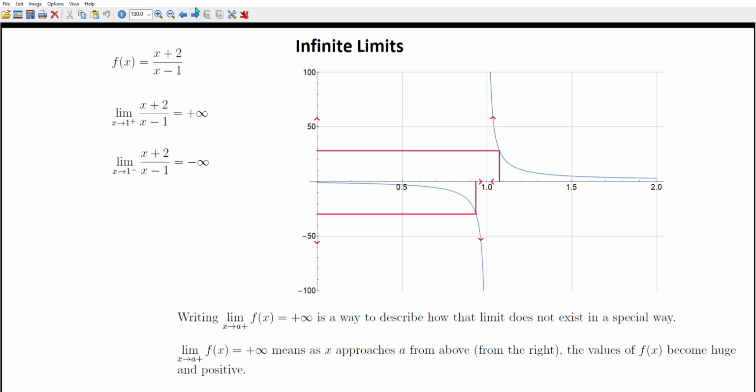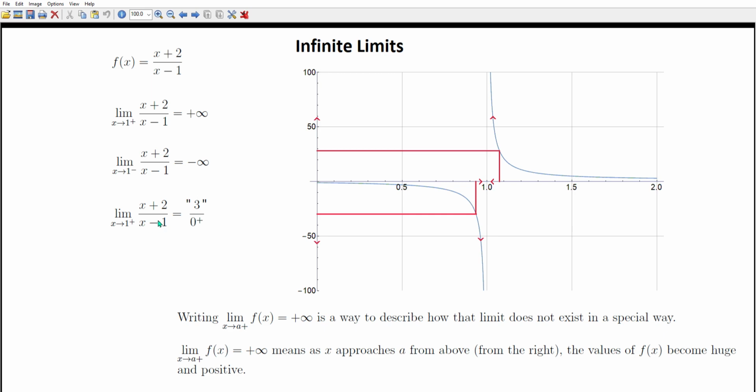Now, without the graph, how can we compute this? Well, let's look at the limit as x goes to 1 plus of (x plus 2) over (x minus 1). If you look at the top, x is getting close to 1, so x plus 2 is getting close to 3. x is getting close to 1, so x minus 1 is getting close to 0.